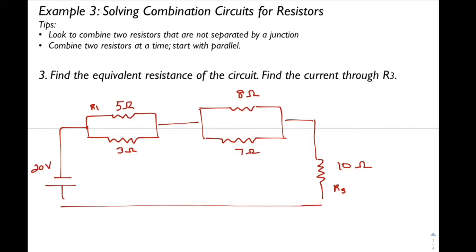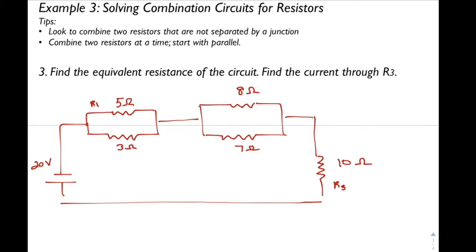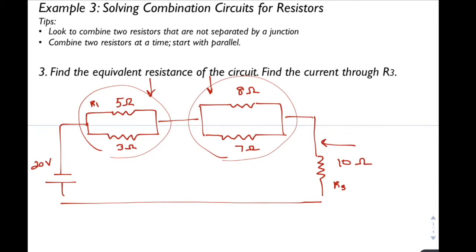So if I was given this compound circuit, I'm just going to look to see what I want to add together first. I have two parallel resistor circuits right here. And once I find the equivalent resistance of these two parallel circuits, I will have series circuits, this one being in series with this one and this one.